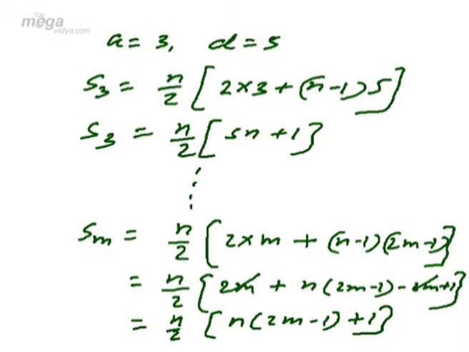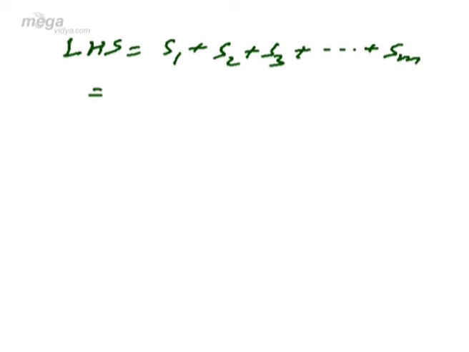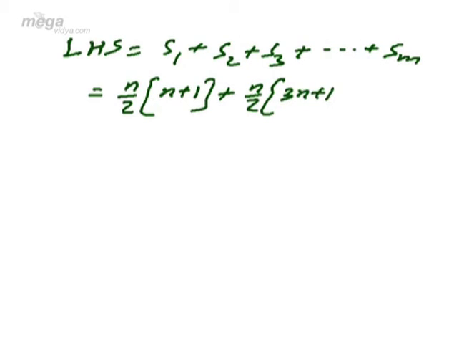But we have to show that S1 plus S2 plus S3 up to Sm is equal to mn by 2 into mn plus 1. I just take the LHS part of this question, that is S1 plus S2 plus S3 up to Sm. S1 is n by 2 into n plus 1. S2 is n by 2 into 3n plus 1. S3 is n by 2 into 5n plus 1.